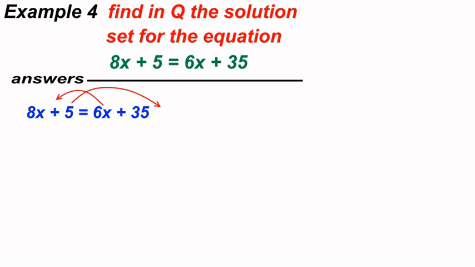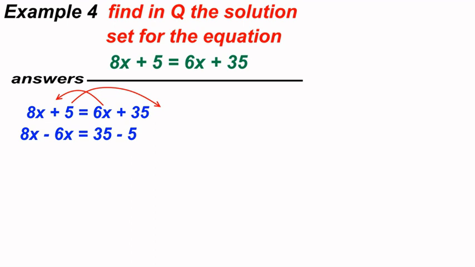So step 2 will be 8x minus 6x equals 35 minus 5. 8x minus 6x equals 2x.